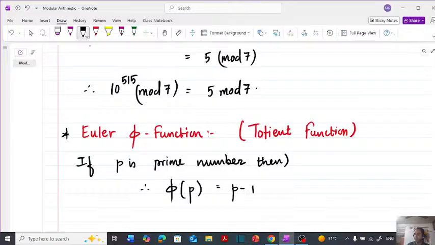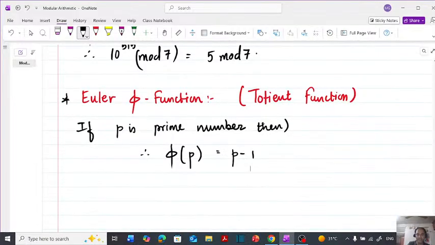Further, there is one important thing regarding it.